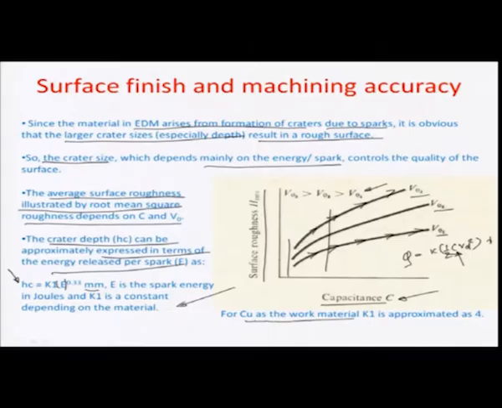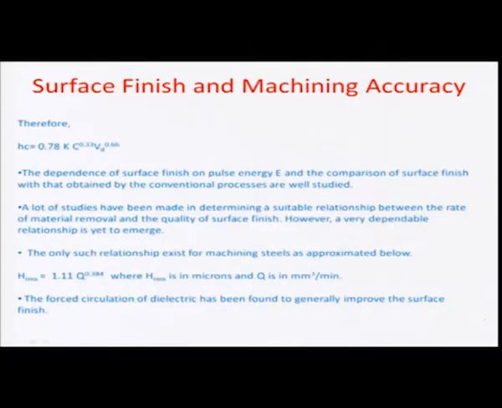So copper, when used as a work material, experimentally yields this K1 value to be approximately 4, and you can accordingly estimate the surface roughness HRMS based on the material properties and the energy delivered onto the material. The other important aspect is that if I take E to be half CVd square and formulate this empirical relationship, it results in this expression: 0.78 K times C to the power of 0.33 times Vd to the power of 0.66.